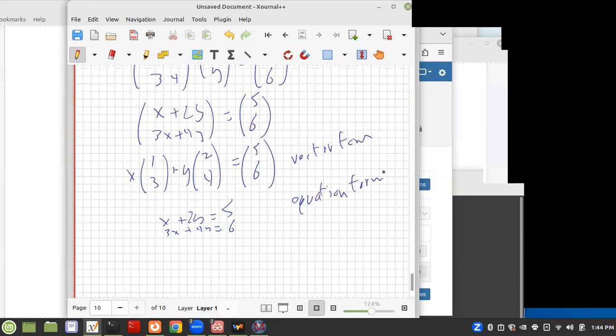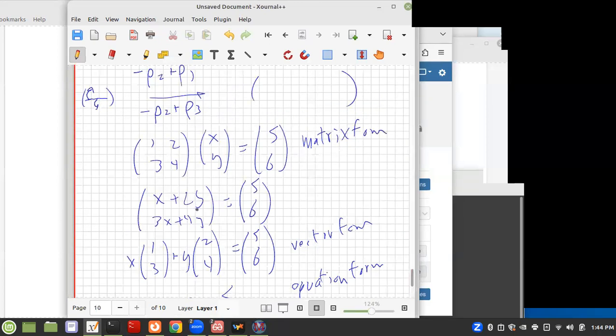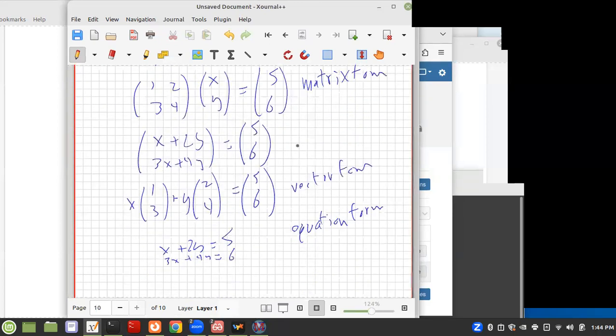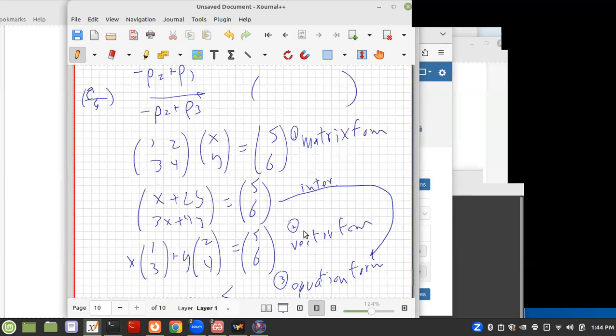What's that middle? Is that not the equation form? That's just an intermediate step. So you have three forms, and they're all essentially the same linear system, but you look at it in different ways.